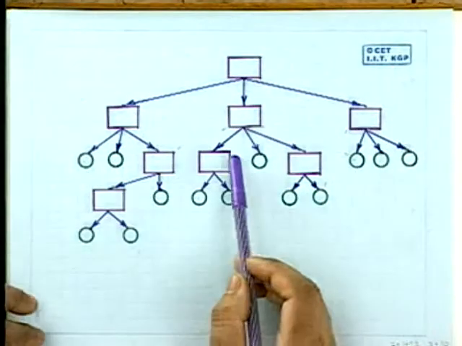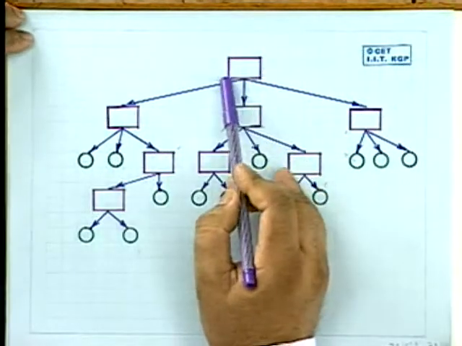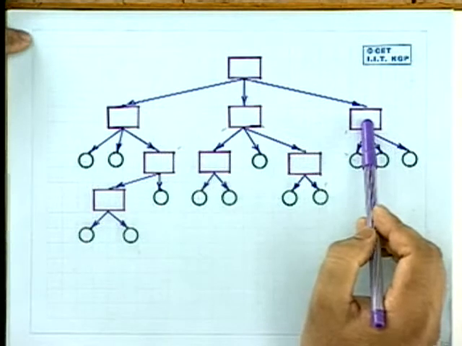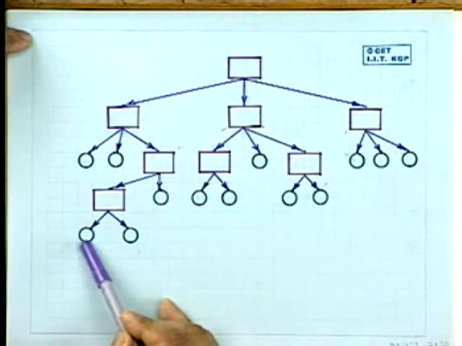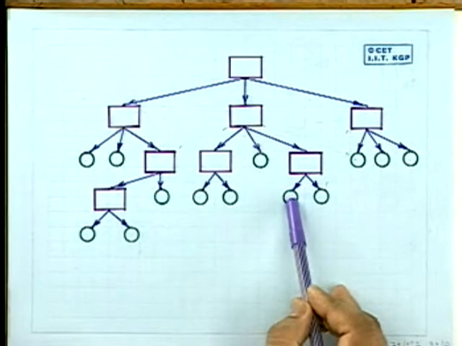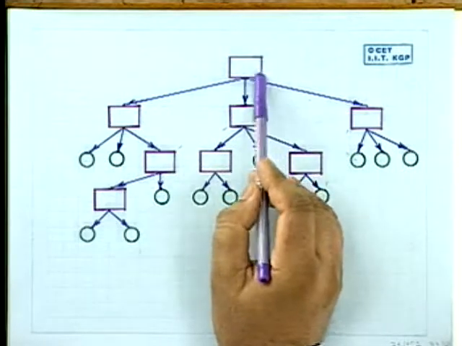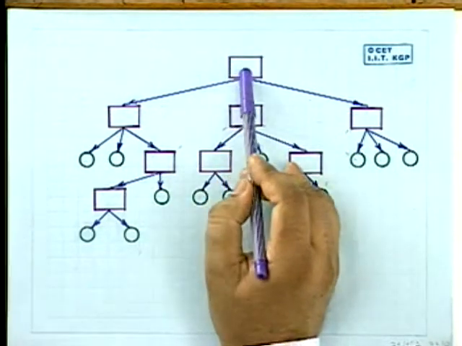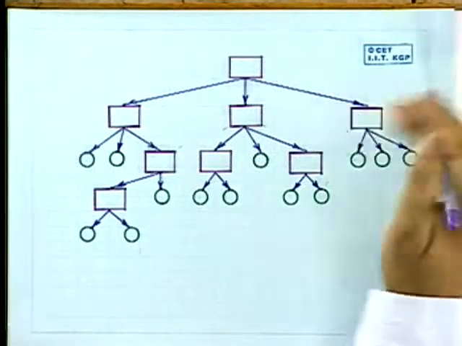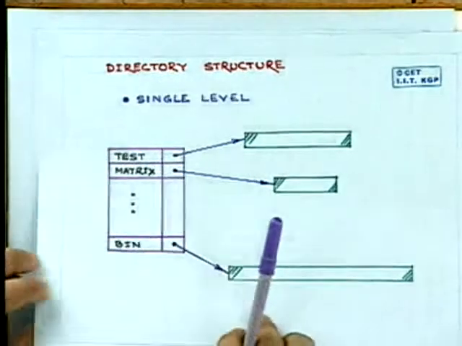Here you see that the green small circles represent the files, and the pink rectangles represent the directories. You see, here is a directory.